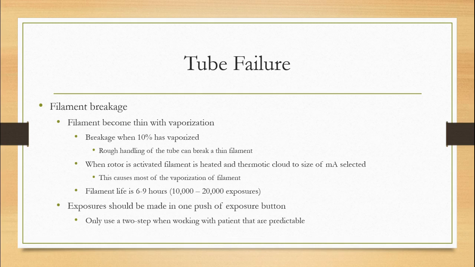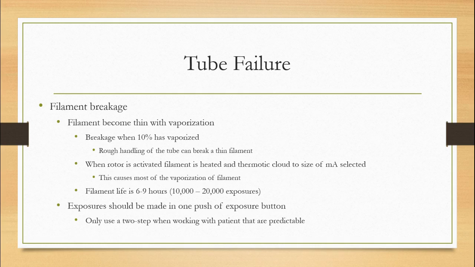When you do an exposure, push the button all the way down. There's safety mechanisms in there to keep you from exposing before all the electrons are boiled off and the rotor is up to speed. So it won't expose until everything is at the speed it's supposed to be. In the olden days, it wasn't that way. You had a rotor, and you waited for the anode to get up to speed before you exposed.